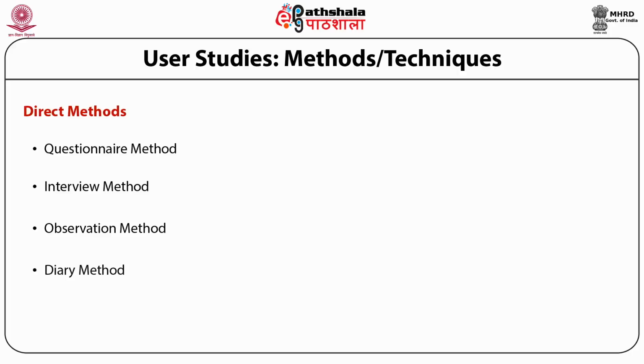Diary method is also popular, wherein the librarian or the library professionals or the investigators can maintain a diary on a regular basis regarding the use of information. Operations research method is becoming quite popular these days, and it is also being applied in library and information studies.